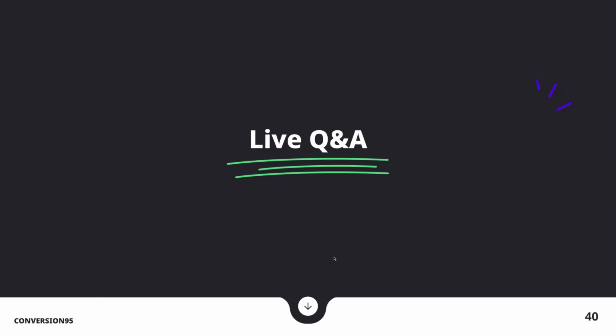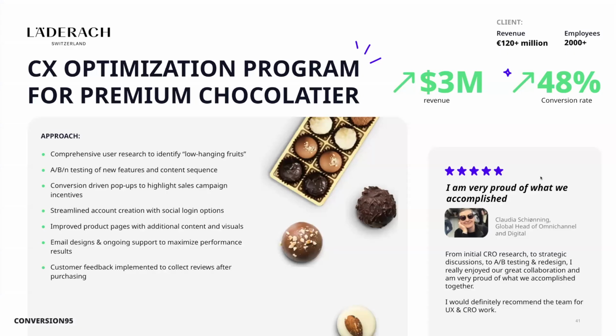And of course, while some people are thinking or gathering questions, we have more success stories that are not only related to product pages, but to Conversion95 in general. We have, as I mentioned, dedicated growth teams outsourced to different clients and to very different industries, and conduct all kinds of different customer experience optimization programs.